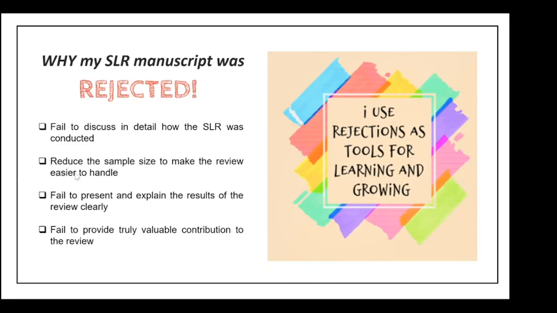Second, your paper tends to reduce the sample size to make the review easier to handle. For example, you only included maybe fewer than 10 articles, because that is quite easy to review. This could be another reason why your paper gets rejected.